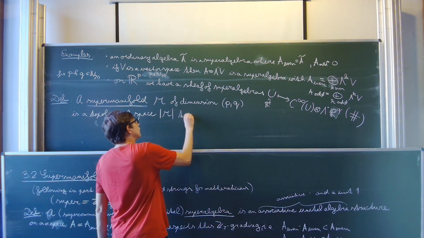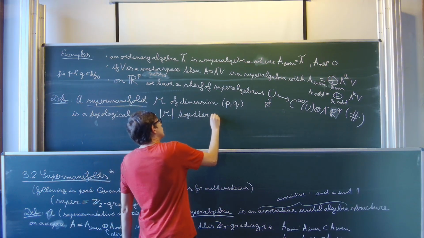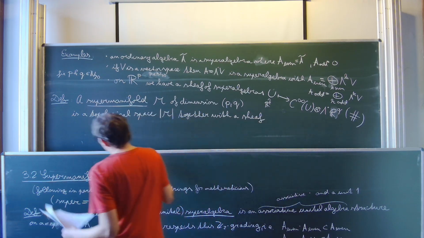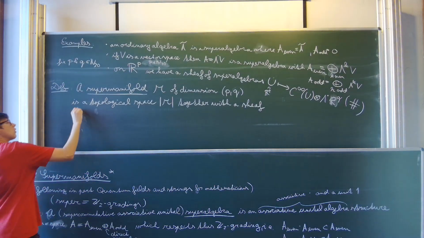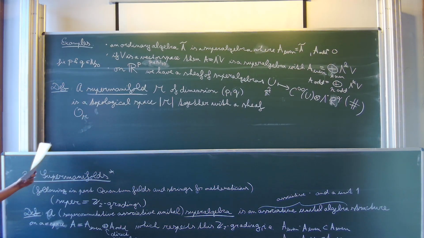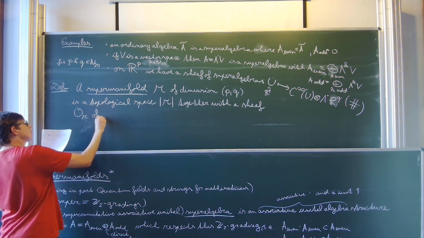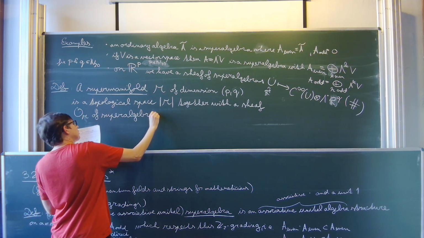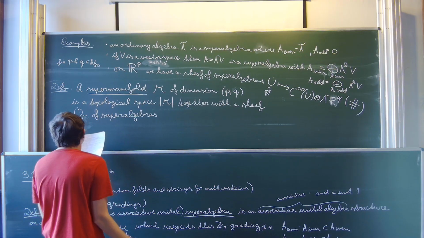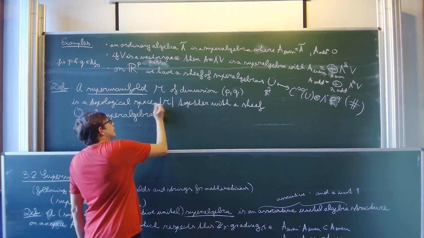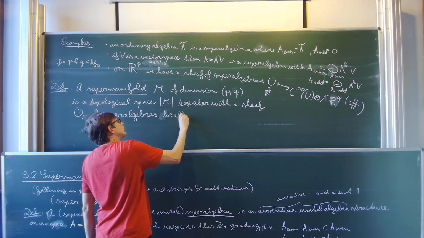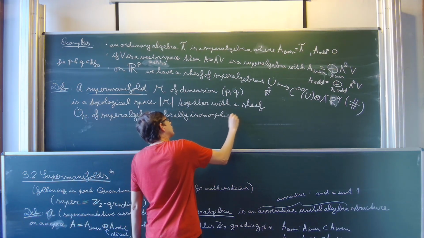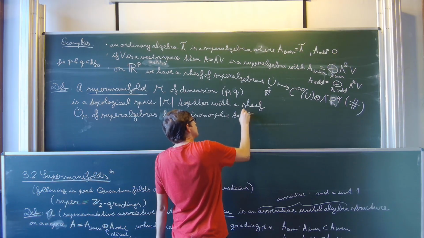Together with a sheaf of superalgebras, and I will call the sheaf O of M, of superalgebras, which is locally isomorphic to R^{p|q}.